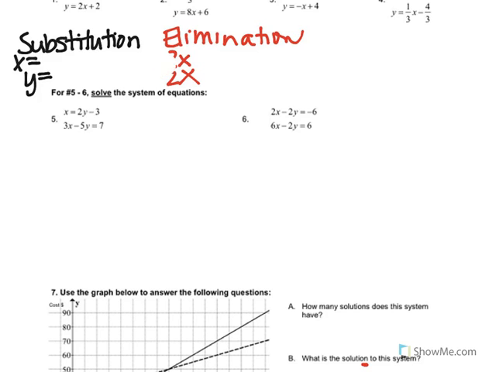Or even if you had something like this, let's say you had 2x on the top and you had negative 4x on the bottom, we could take the top equation and multiply it by 2, so we would have a 4x and a minus 4x, like that, and then the variable would eliminate. So that's elimination.